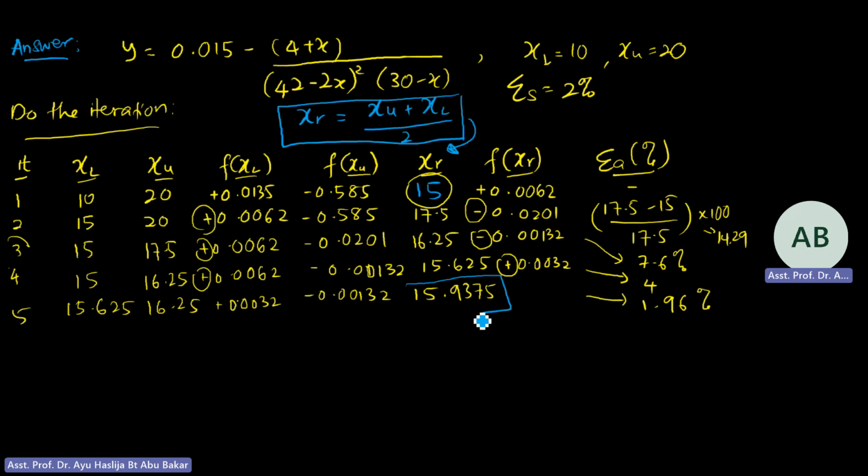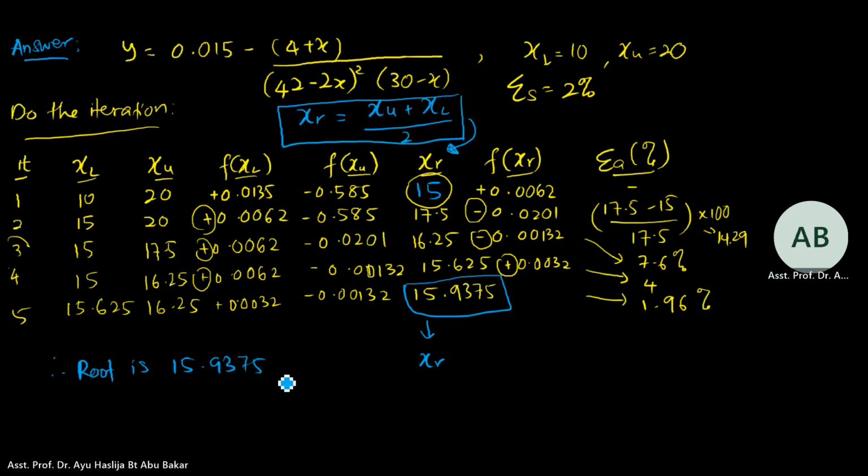Okay, so this is your XR. So to conclude, root is this figure with EA equals to 1.96%.